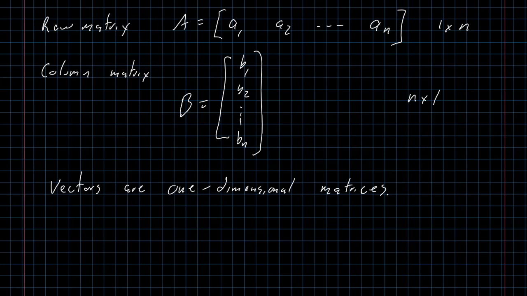If we define a matrix as a two-dimensional array, and we compress one of those dimensions down to be just a single row or a single column, we get a vector. A vector is a one-dimensional matrix. And the fact that vectors are matrices is one of the reasons that matrices become so useful. Vectors, I hope you already are familiar with how useful they can be.